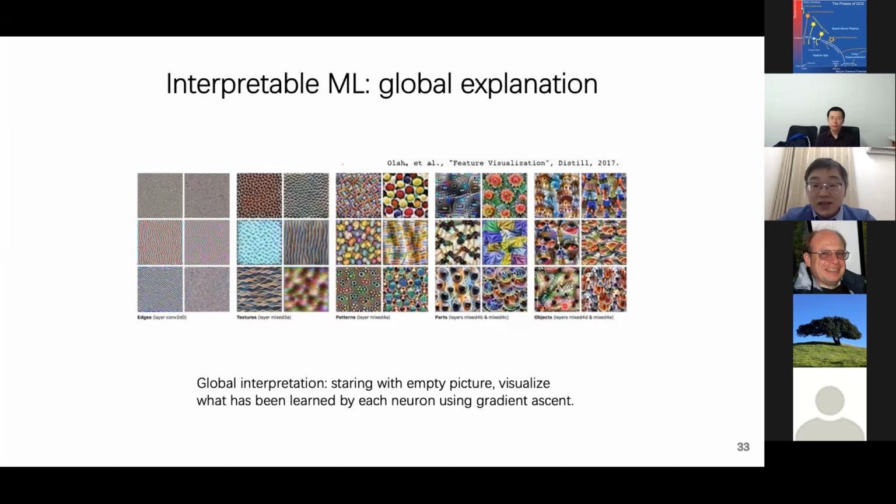So one can already see objects or more global information. This kind of global explanation tells that the neural network has actually learned layers of different representations from the data.